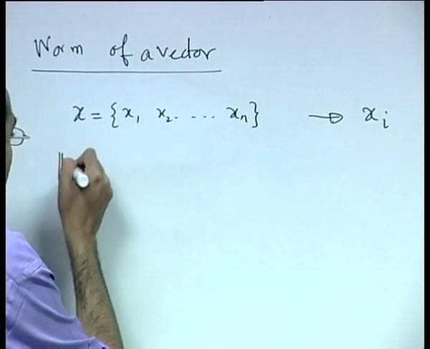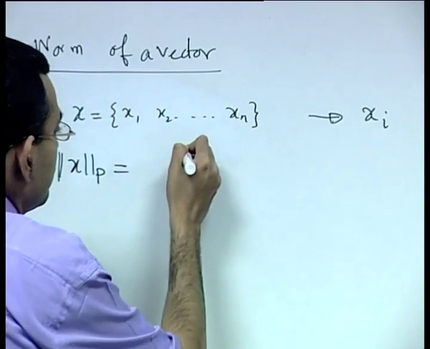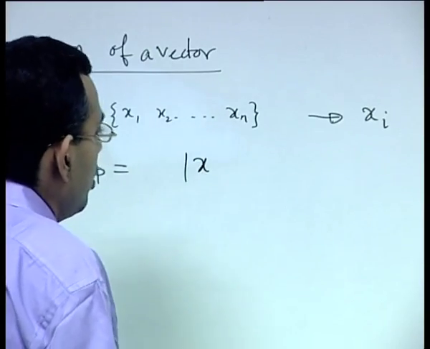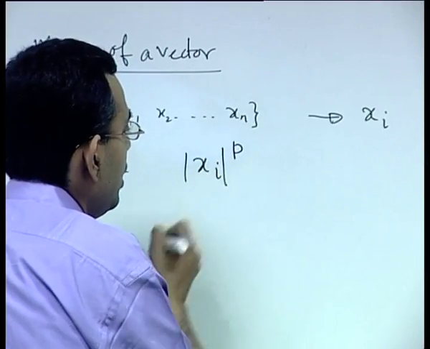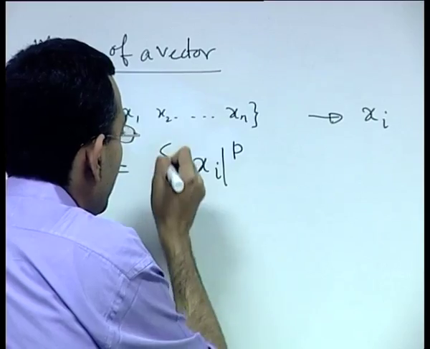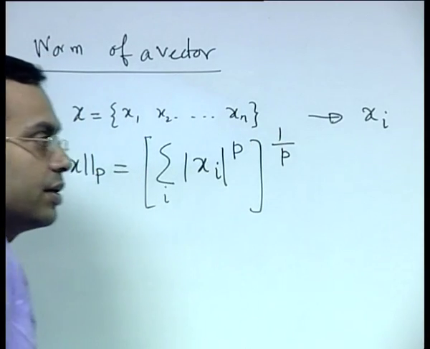The pth norm of the vector x is given as follows. First you take the mod of xi to the power p, sum it up over all i, then raise the whole thing to the power 1 by p.